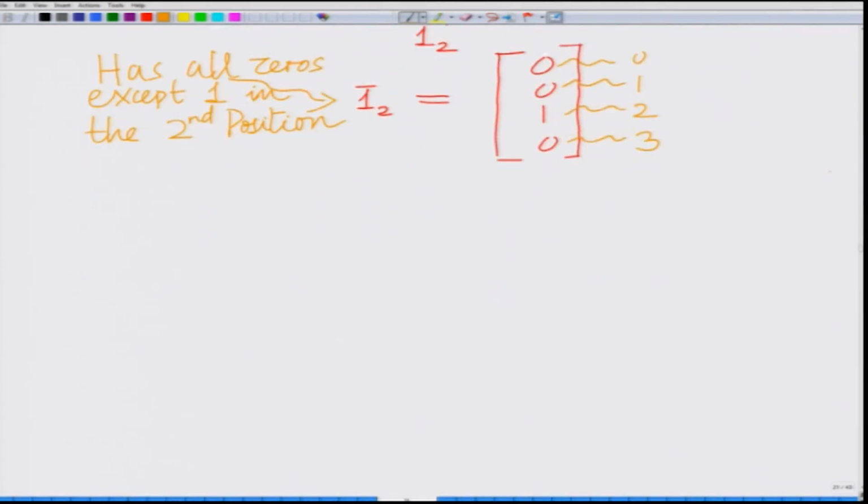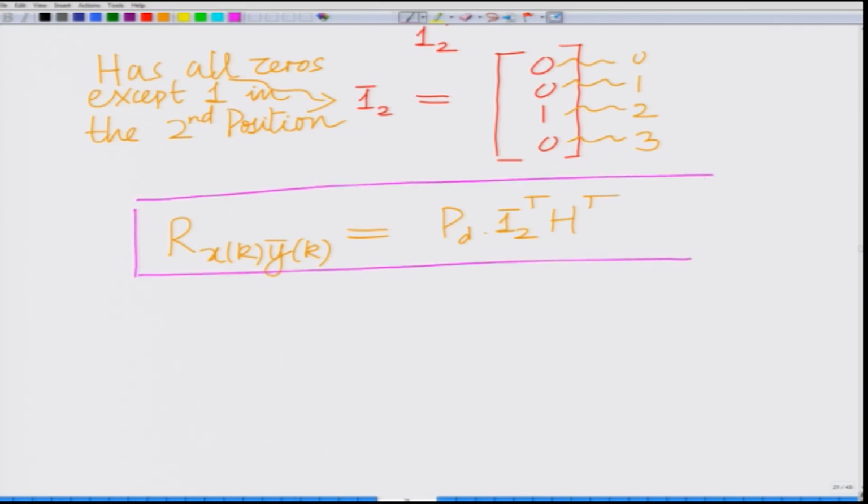Therefore, finally, what we have is R, the cross covariance R x k y bar k is P d 1 bar 2 transpose into H transpose. This is the cross covariance, and now we can find the estimate.